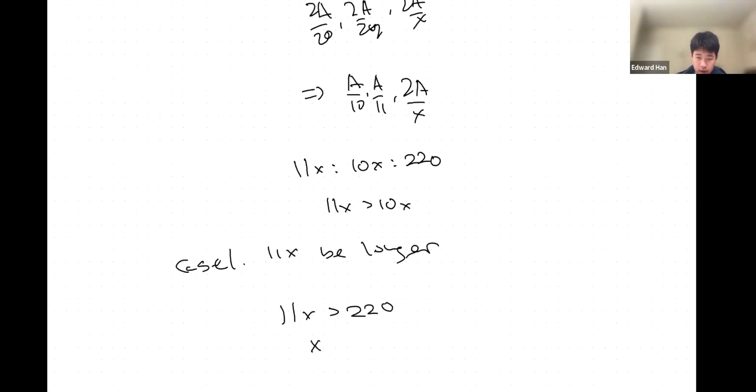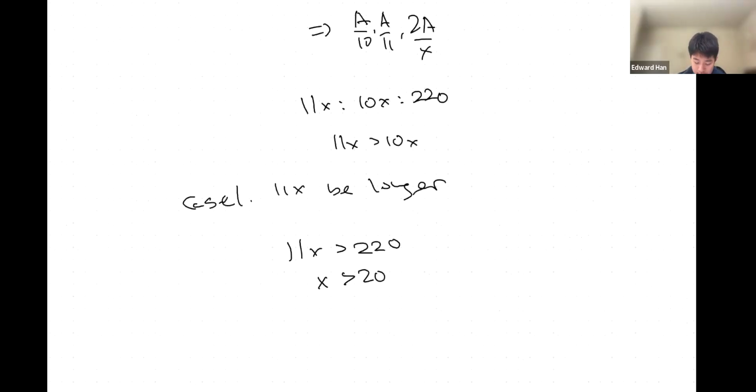We also have by the triangle inequality that 11x is less than 220 plus 10x, which means x is less than 220. Wait, shoot. Should be a less than sign here and here too. So x is less than 220. Combining this, we get 20 is less than x is less than 220.